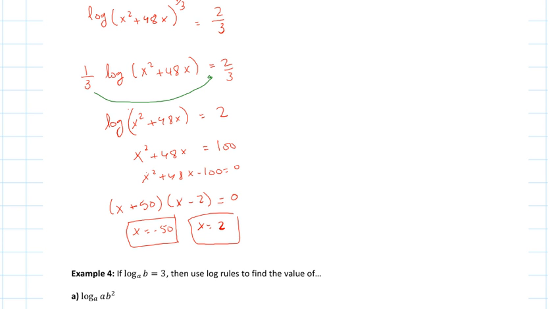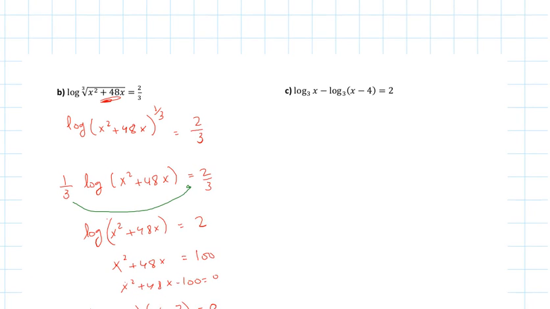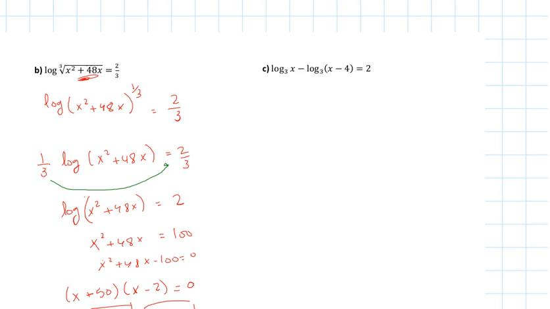All right, in this case, I have log base 3 of x minus log base 3 of x minus 4. Both have the same base log. There's a minus between them, so I can write them as one log, and it's going to become x over x minus 4 equals 2. So you see right now, I have one log, so I can write it in exponential form. So I have x over x minus 4 equals 3 to the power of 2, which is 9. I can bring the x minus 4 over here, and it's going to become 9 times x minus 4.